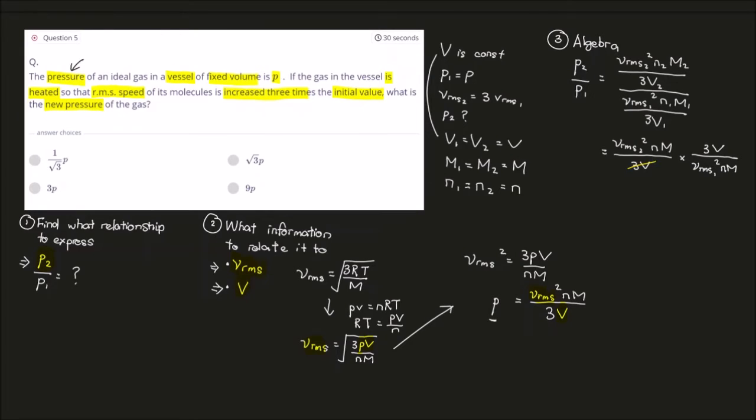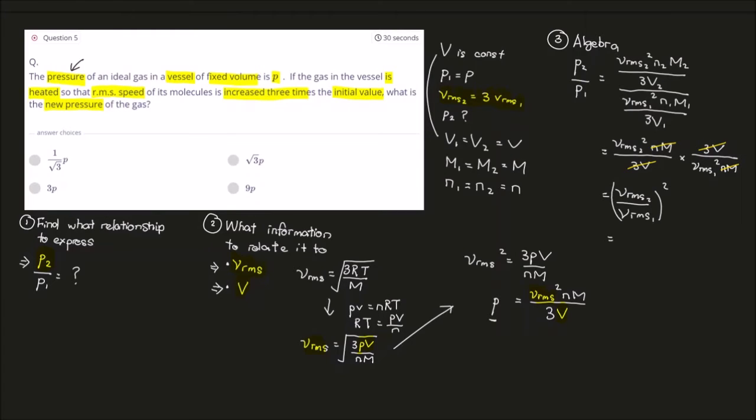The 3V and 3V can cross out, and M cross out. So essentially what you're left with is VRMS 2 over VRMS 1, and they are both square. So you know the relationship between VRMS 2 and VRMS 1 to be VRMS 2 equals 3 VRMS 1.